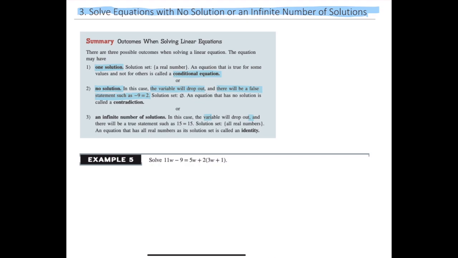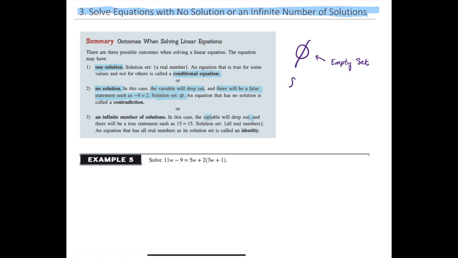In this case, they say the solution set is this symbol. It's a 0 with a line going through. This is the empty set. It's mathematical notation essentially for nothing.